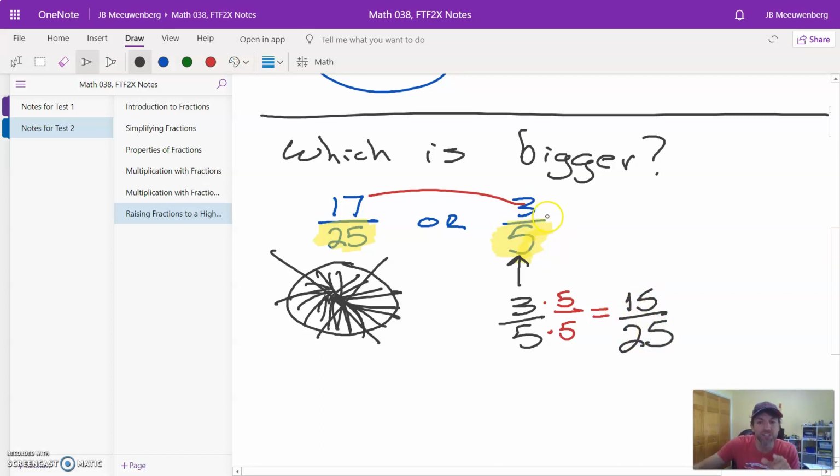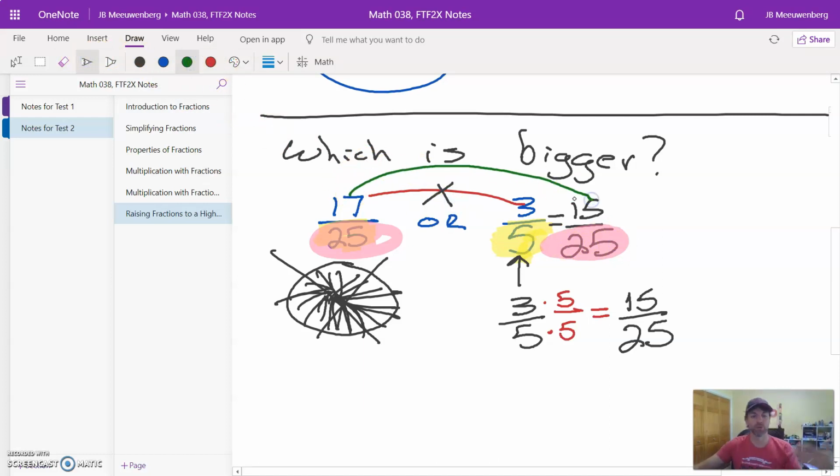So 3/5 is really the same as 15 25ths. And now our two denominators are the same. And so I want to compare this. What's bigger, 17 25ths or 15 25ths? I think we know it's 17 25ths.